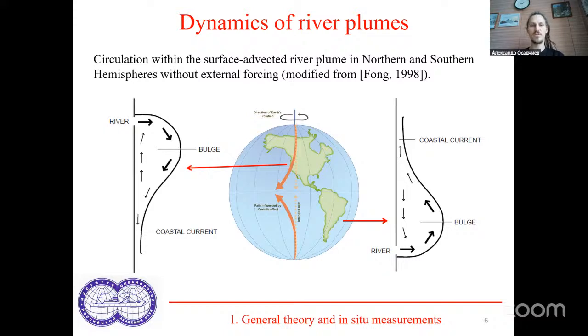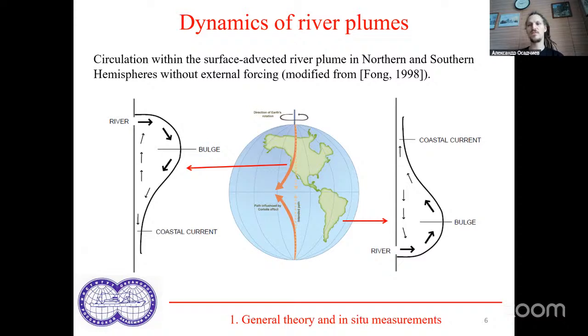The river forms quite a big area adjacent to the river mouth, with anticyclonic circulation near the estuary, and then it forms a coastal current. There is a transit zone near the estuary, and then the coastal current, which is in geostrophic balance, goes to the right in the northern hemisphere and to the left in the southern hemisphere.